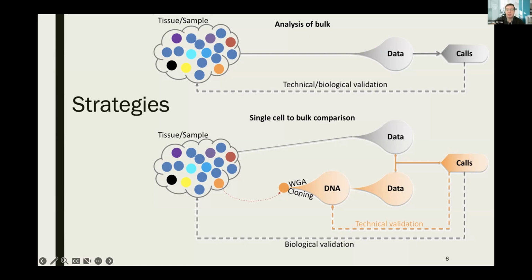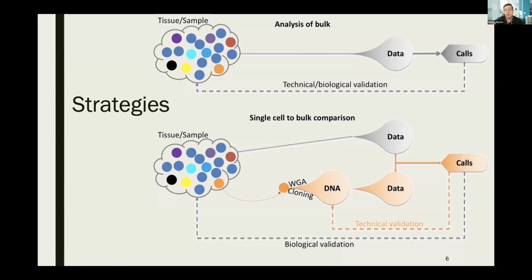Basically, once you clone a cell and then get DNA, you generate data from that DNA, and then you can compare it to the data from the bulk and make calls for the mutations. And here there is a significant distinction in terms of validations.